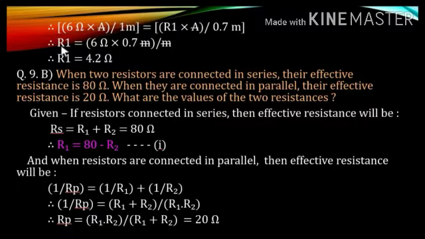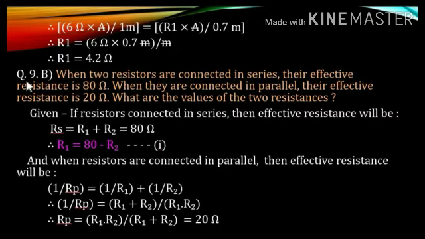Therefore we will get R1 is equal to 6 ohm into 0.7 meters divided by 1 meter. Meter present in numerator and meter present in denominator will be cancelled by each other. Therefore we will get 6 ohm into 0.7. Therefore R1 is equal to, this multiplication will lead to 4.2 ohm.